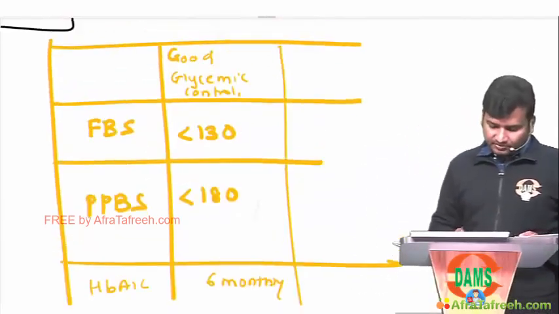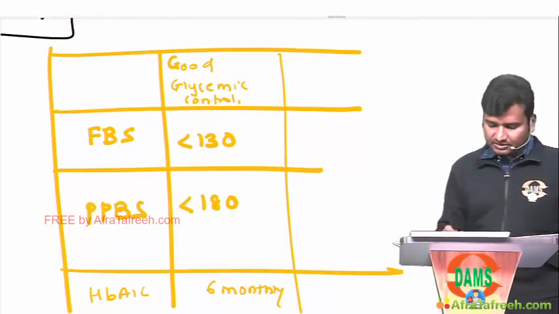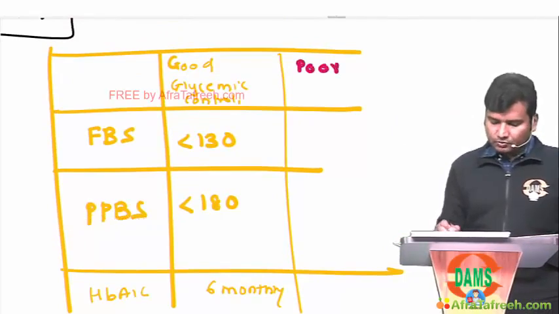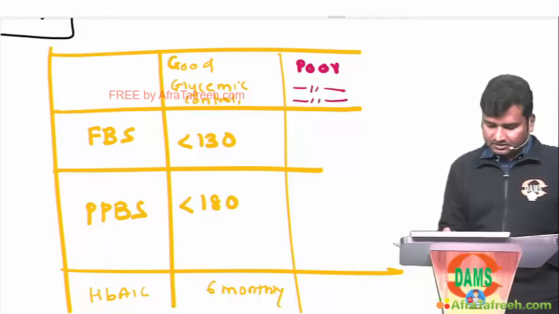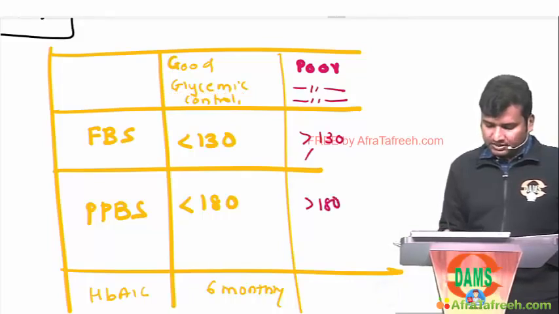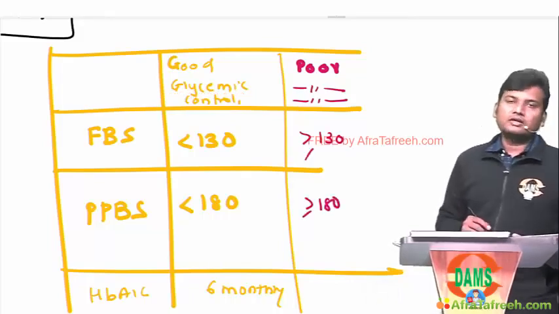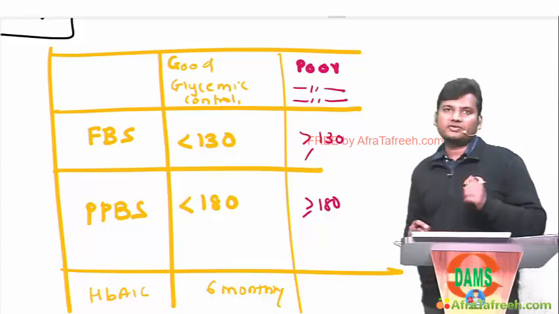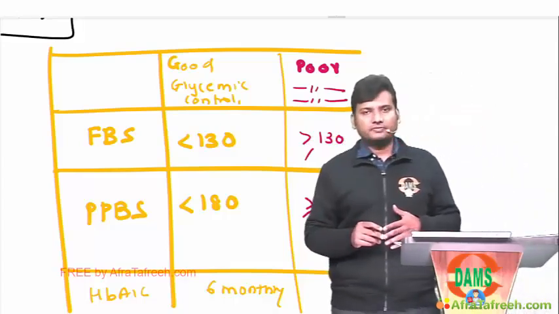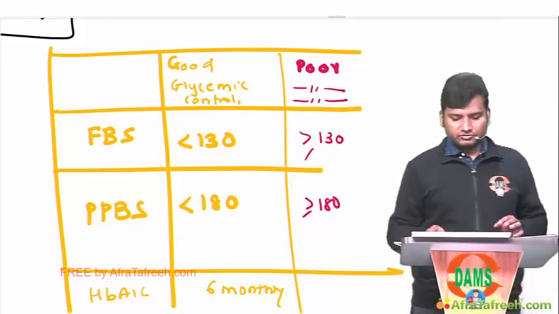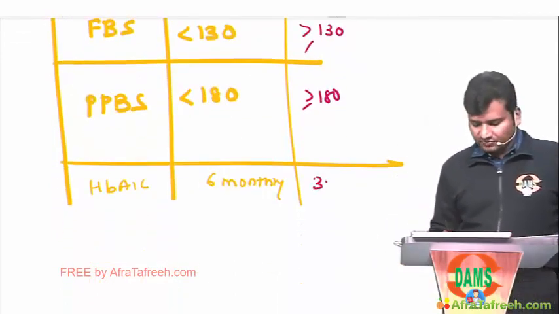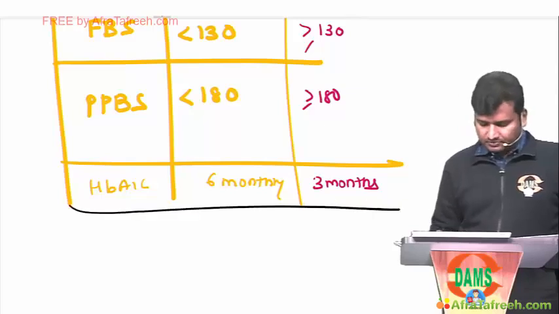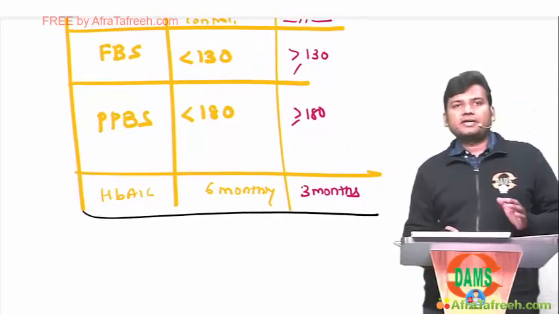But if our patient is having poor glycemic control, means FBS more than 130, PPBS more than 180, means sugar levels are not controlled even after diet, exercise and metformin, then in such patients we will repeat HbA1c after 3 months. Okay. These are the guidelines to repeat HbA1c.